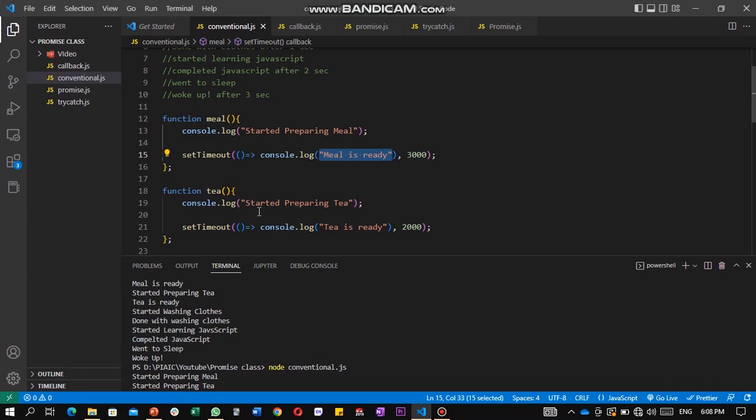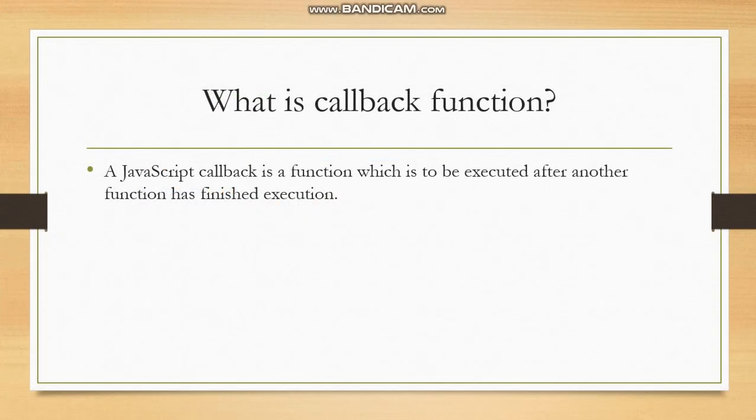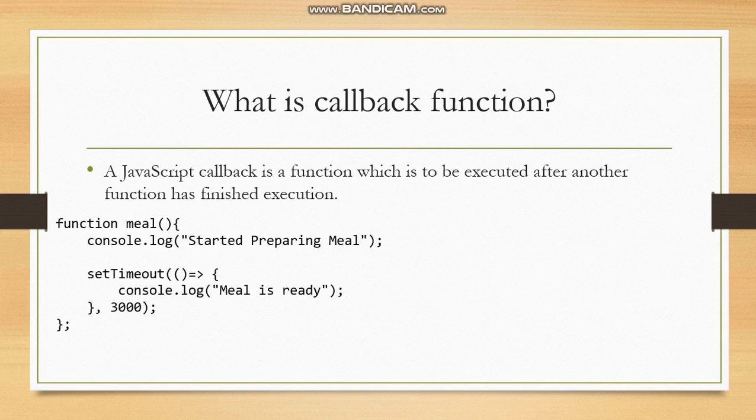So here we have callbacks. Here we are again in our slides. A JavaScript callback is a function which is to be executed after another function has finished execution. So we'll see how it works. We have this simple function that we have already discussed, and that didn't work for our tasks. Right.